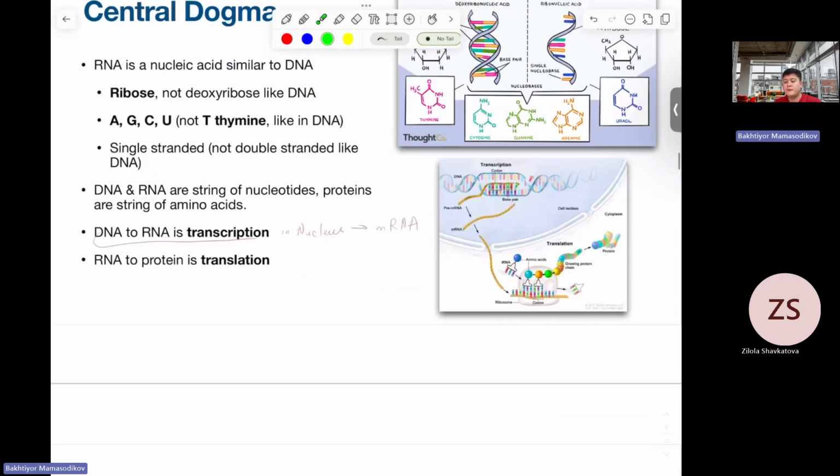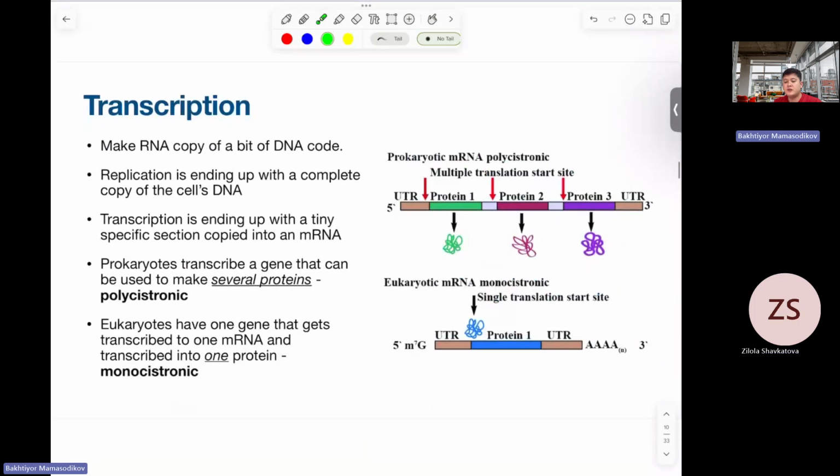No. Okay, let's continue with the transcription process. Imagine the DNA like a massive library. Transcription is making an RNA copy of a specific part of the DNA, right? This RNA is called what? Messenger RNA. Imagine the DNA is like a massive library in your body. You only need one page. You only need one gene to cook one recipe, right?